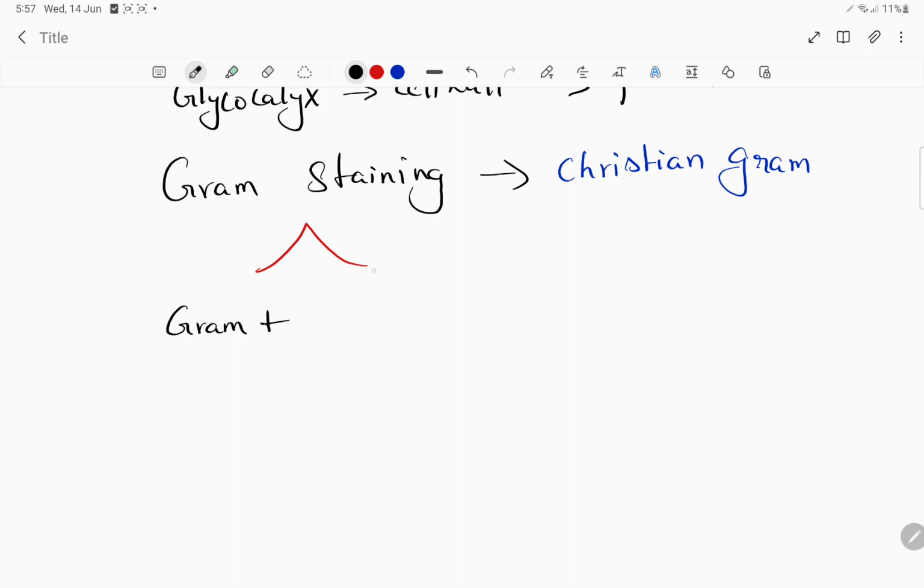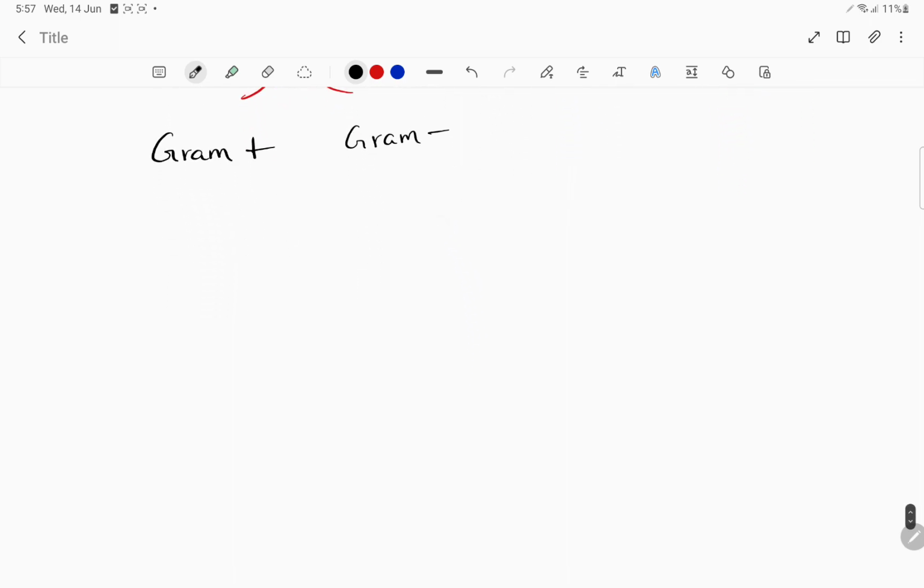Those who do not take up the stain are gram negative. The staining process is determined by the physical and chemical properties of the cell wall, by detecting peptidoglycan. Remember one more very important thing, gram positive consists of teichoic acid in its cell wall.